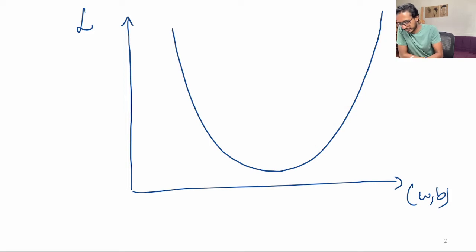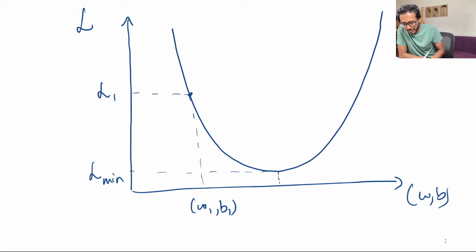So let's say for our first w1 and b1, the calculated loss is here at L1, but we know that where we ideally want to be is at L min, which is, let's call it w min and b min.